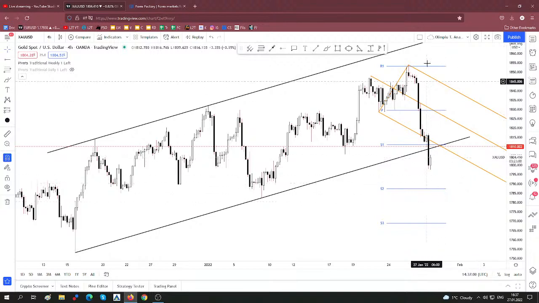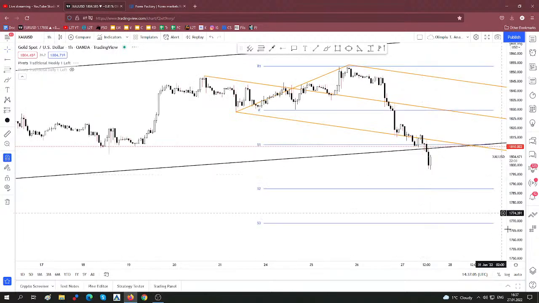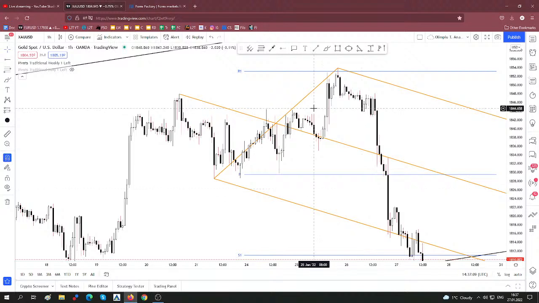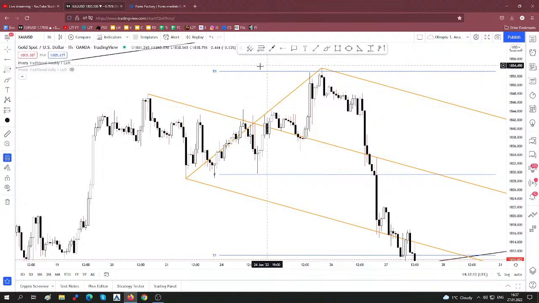So gold. As you already know, let's take a look at the 1 hour chart, I had a long position in gold from above these highs. It was in profit, but personally I decided yesterday to close it at break even, around 1845.26 or something.